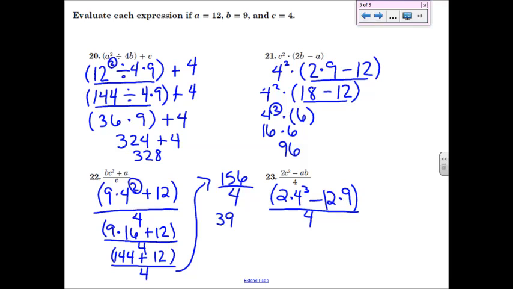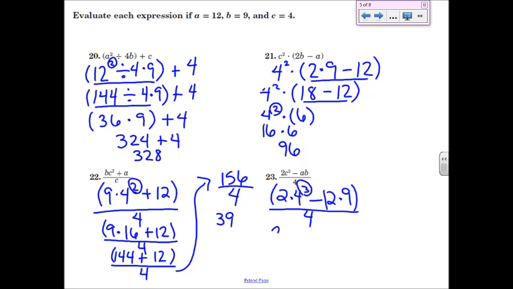I don't put the bottom part in parentheses because it's already just a number. I need to get the top part down to just a number. So inside the parentheses, the thing that comes first is exponents. So 4 cubed, 4 times 4 is 16, times 4 is 64.